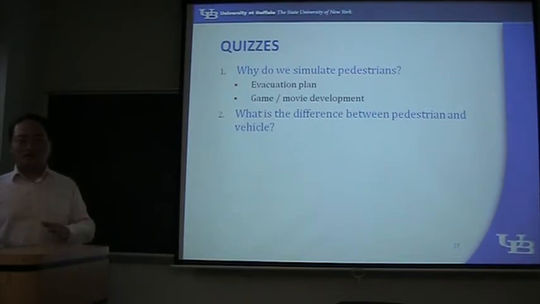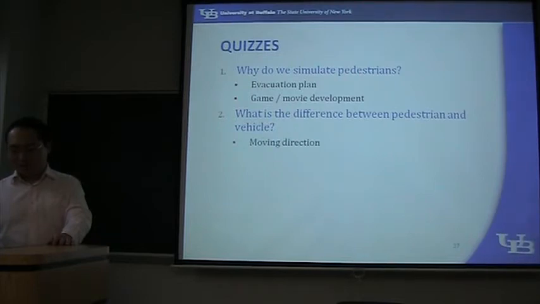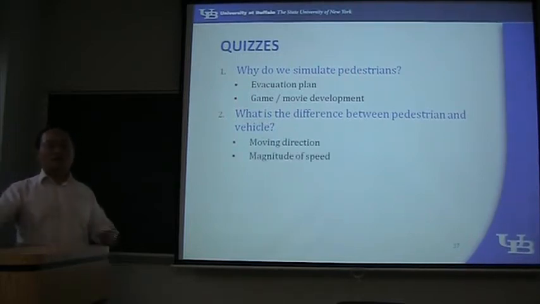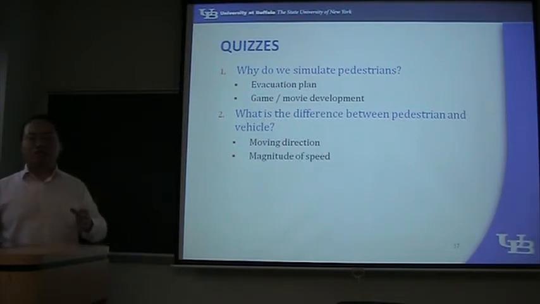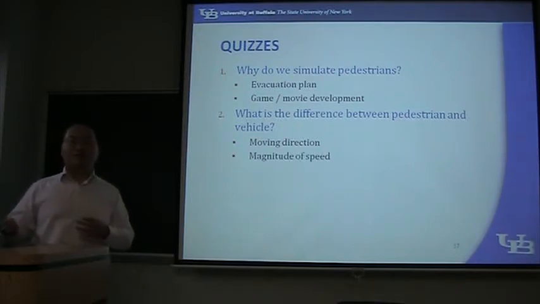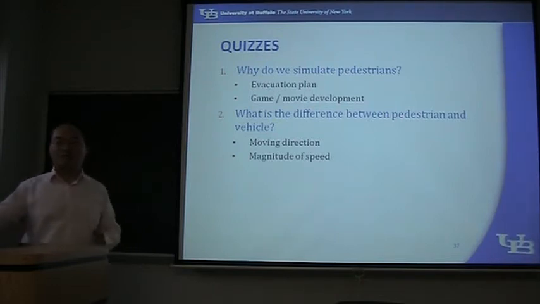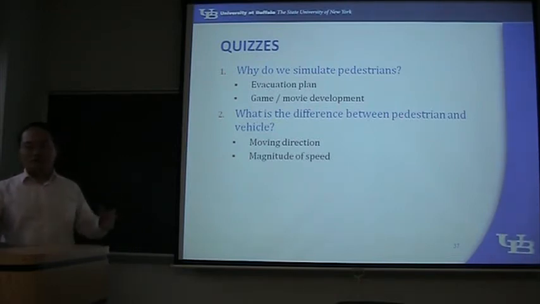Any other difference? The third difference will be the magnitude of speed. Vehicles can travel very fast or very slowly, but pedestrians are of almost the same speed. So these are the differences.